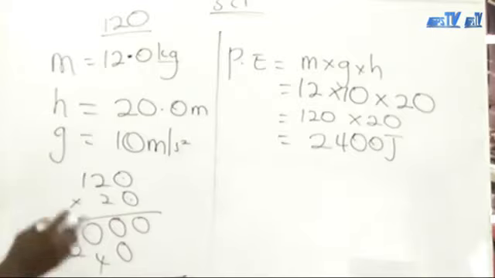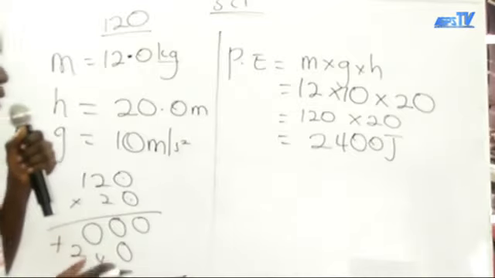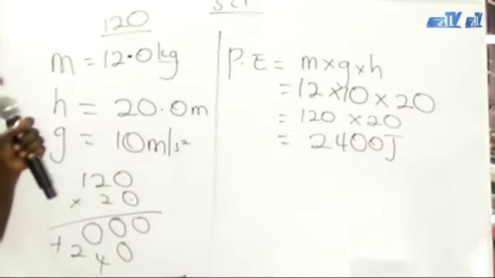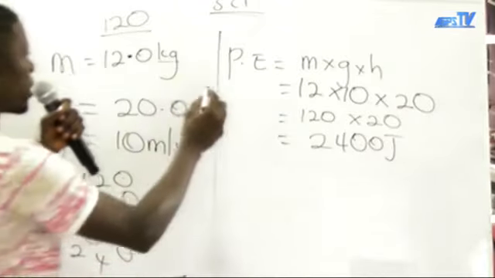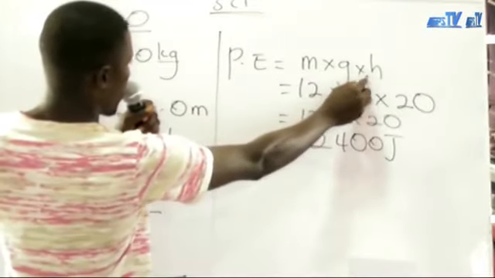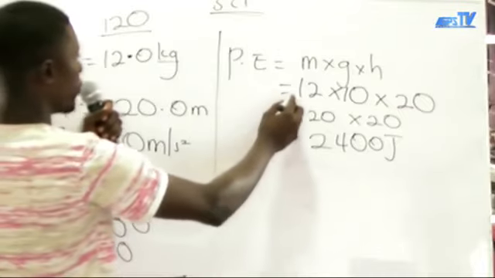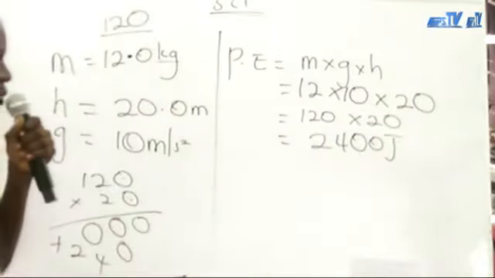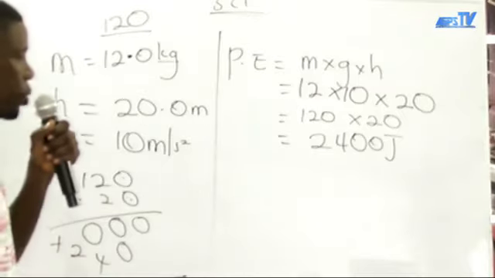If you take your time, don't be in a rush, and do it well, just list down the parameters. After listing down the parameters, you write down the formula, because when they are marking, they will mark this formula. And if you're able to put in the figures, they will also mark it, and they will mark the final answer. So it is very important for you to follow the instructions.